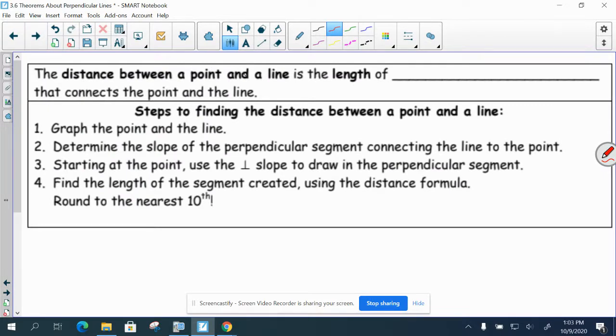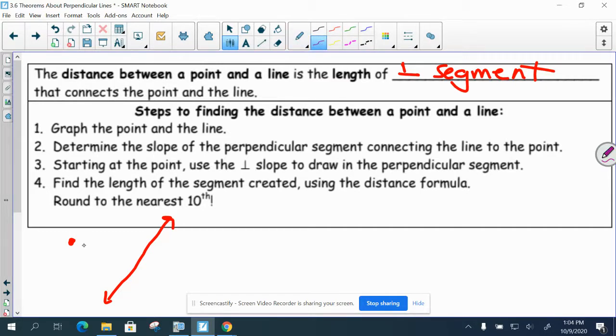Now the distance between a point and a line is the length of the perpendicular segment. So, back up. What did you just say? The distance between a point and a line, we're talking about the shortest distance here, is the length of the perpendicular segment that connects the point and the line.